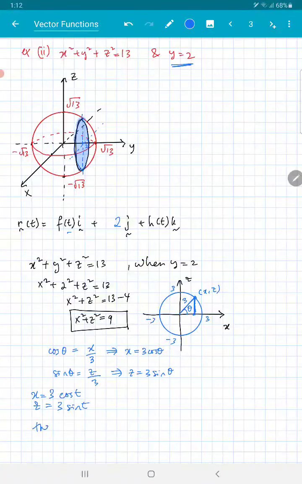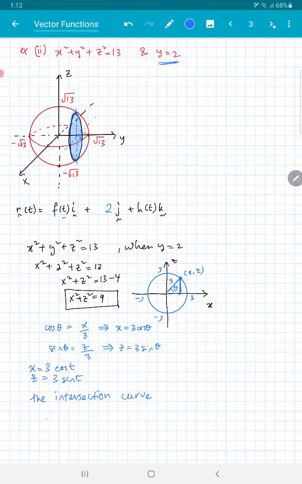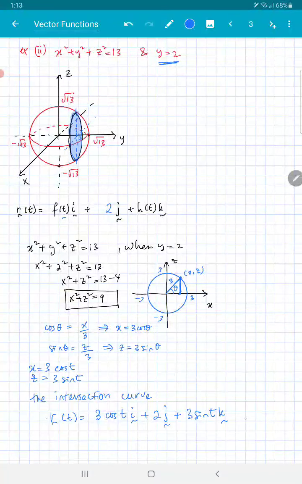The intersection curve is the vector function r of t, where the x component is 3 cos t, the y component is 2, and the z component is 3 sine t. That is the vector valued function to represent the intersection curve. Thank you.